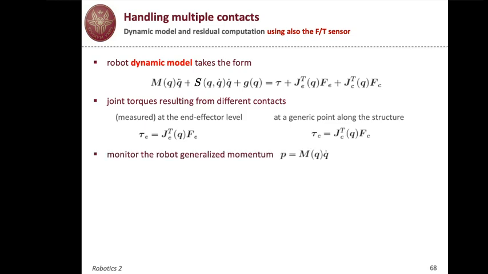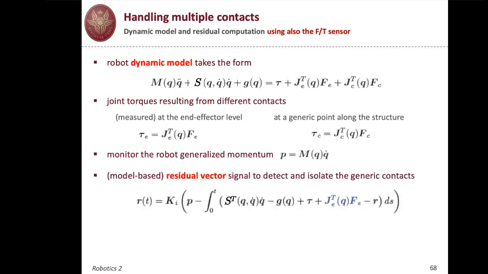So with this in mind, we start by writing the generalized momentum M(q) q dot, and we build a residual vector, which is exactly the same that we have done for collision detection, but with an extra term. This term is coming from the force-torque measurement.